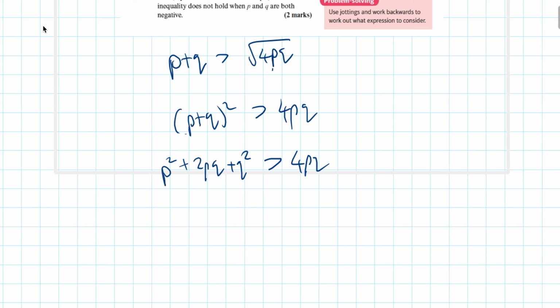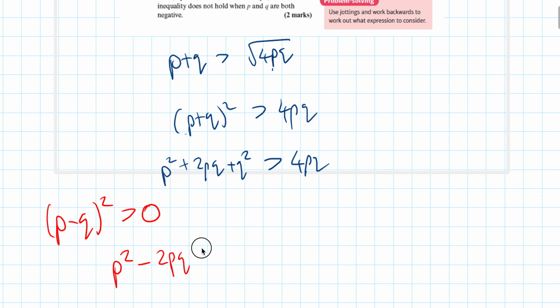For all positive numbers, (p-q)^2 must be greater than or equal to 0. So we can expand this out. So it's p^2 - 2pq + q^2 is greater than or equal to 0.